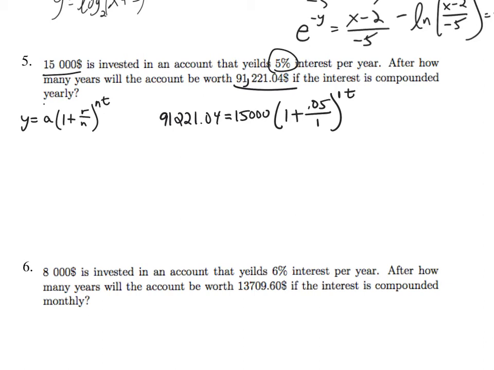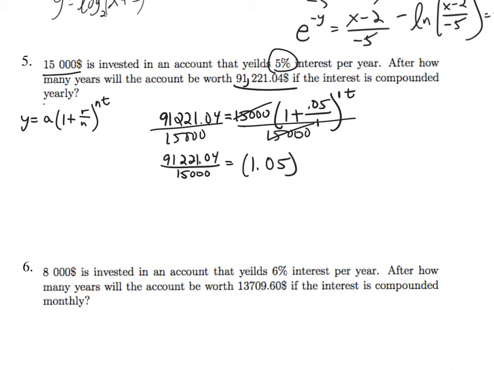We're looking for t. Okay. We can divide both sides by 15,000. So now we have this number, whatever this number is. I've not even put it in the calculator yet. And this is equal to 1.05 raised to the power of t, if you simplify.